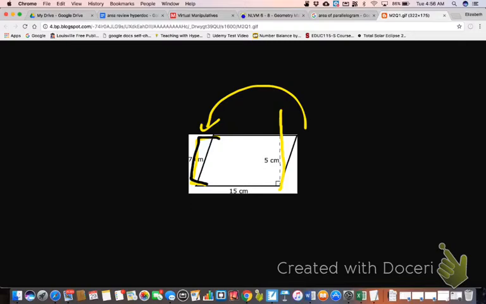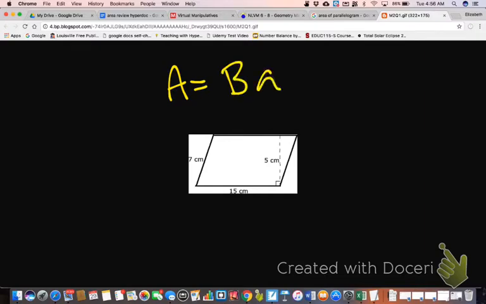The reason that's important is because the formula for the area of a parallelogram is the same as it is for a rectangle, even though they don't necessarily look alike. You're going to do the base times the height, just like you would if it were a rectangle.